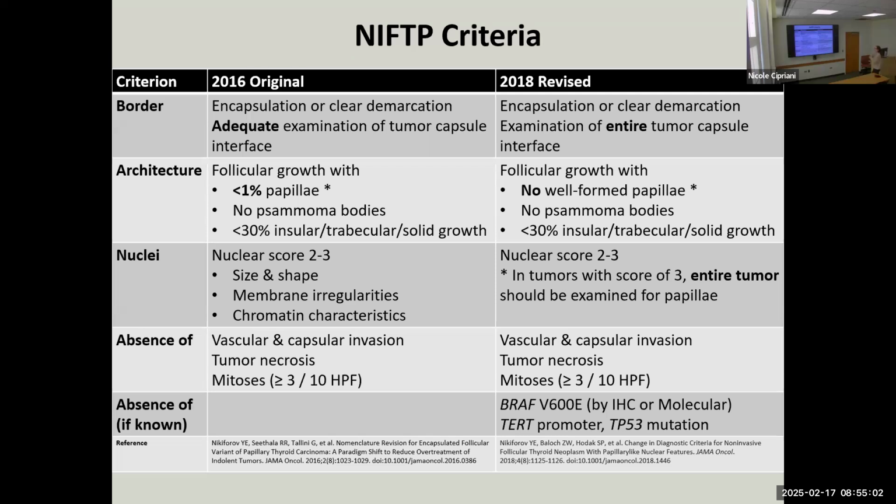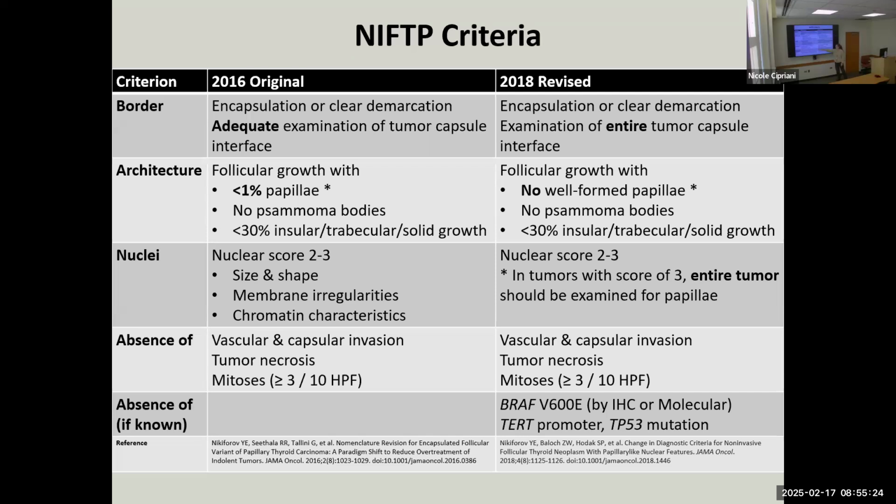So if you have robustly horrifying nuclei, maybe be more worried and find out what the genetics are. If you have a little bit of wrinkly nuclei here and there, but over on the other side of the tumor it looks completely fine, maybe back off, because we don't want to overdiagnose cancer. But we do want to make sure that it's not invasive, of course.